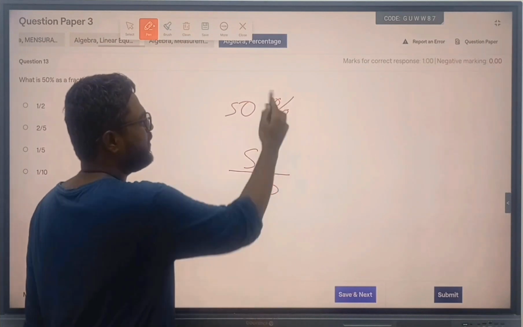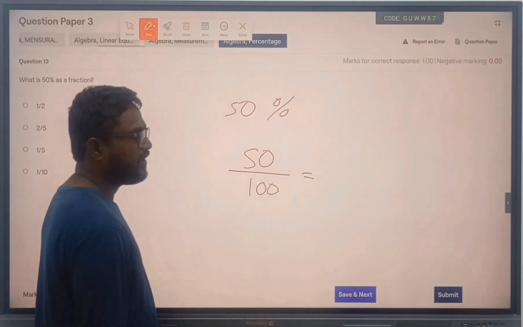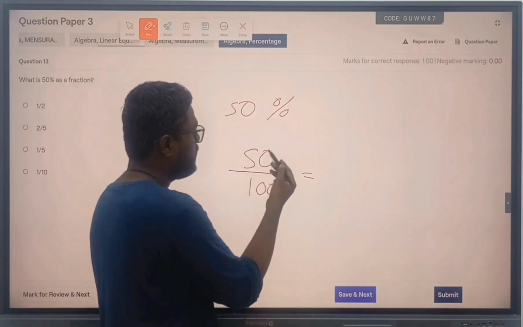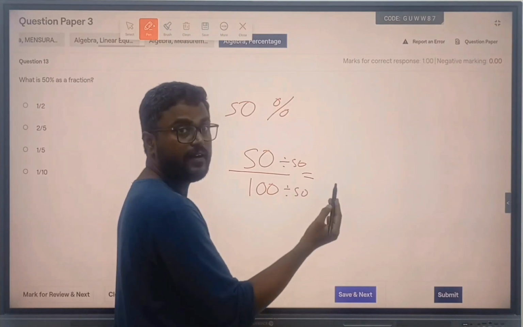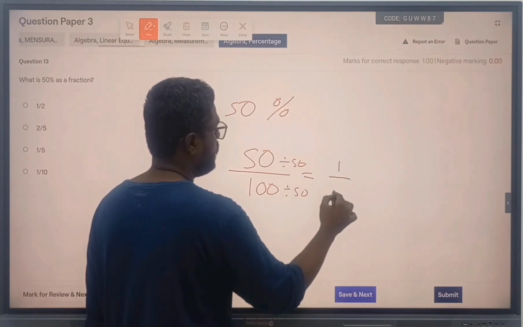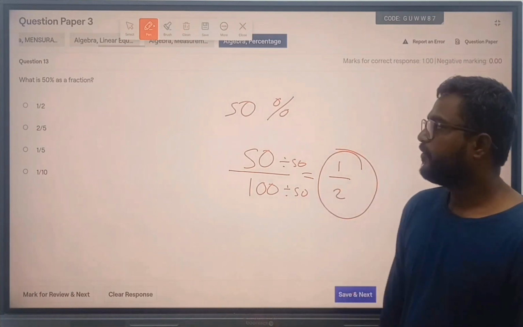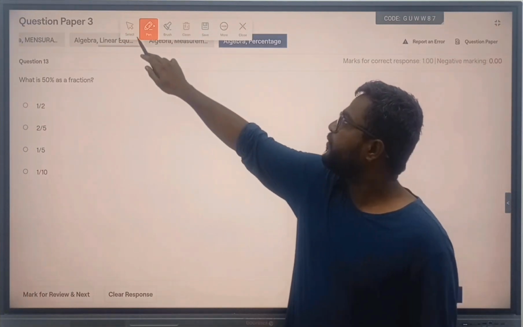It's very easy, guys. Whenever you see this sign, just divide the number by 100. So 50 divided by 100. What do we do now? I can just divide both the numbers by 50, and I would get 1 over 2 as my answer. Okay, so with that knowledge, let's move on to the next question.